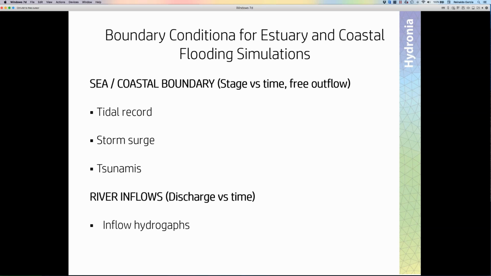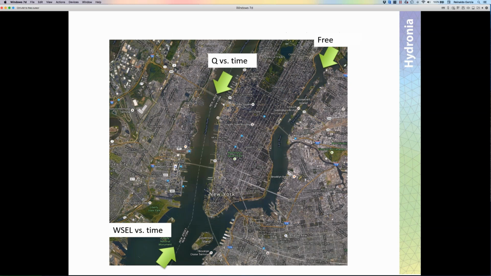These are only a couple of the available boundary conditions, but the bottom line here is that you have all the boundary condition types that you normally use in the coastal or estuarine environment.